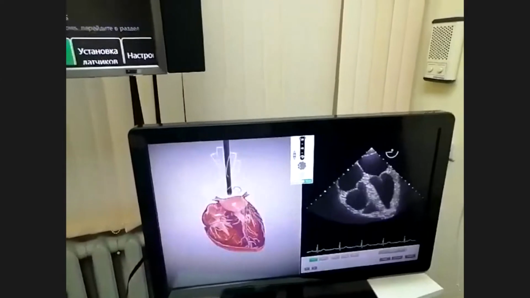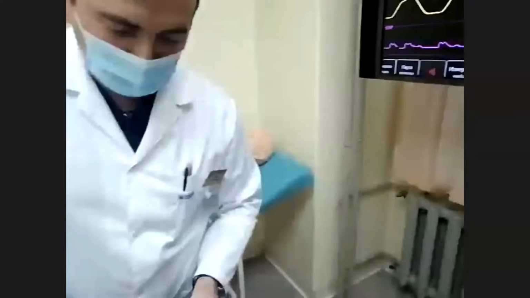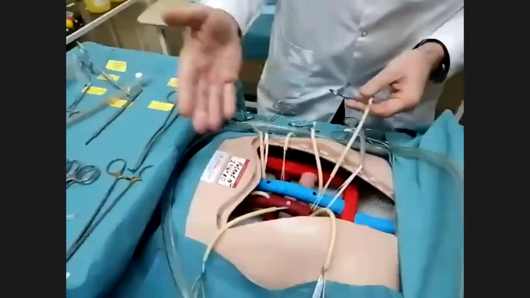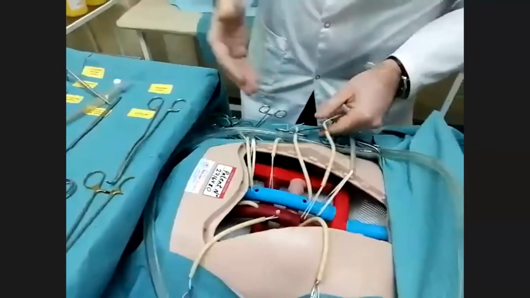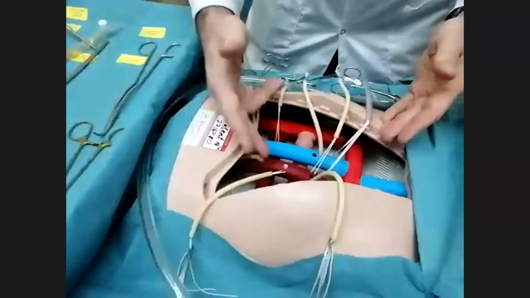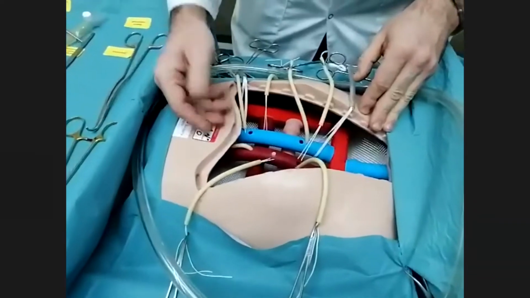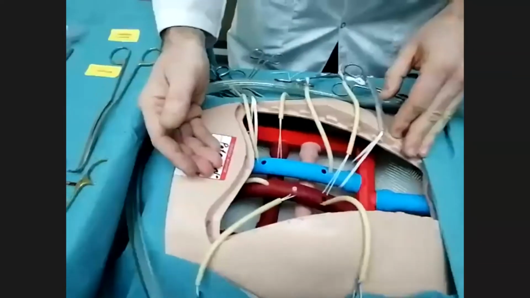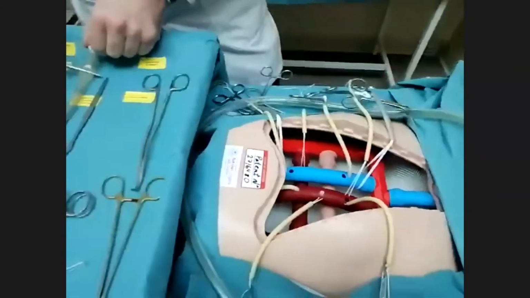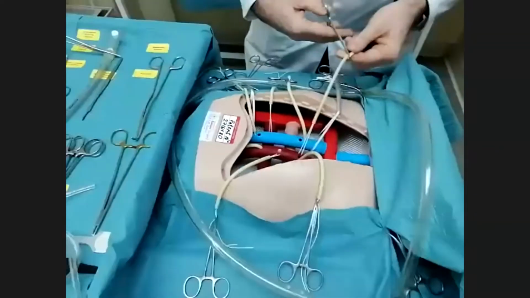Both monitors we use during the protocol of cardiopulmonary bypass machine connection. Also, we use them during the procedure and weaning from cardiopulmonary bypass. I can demonstrate to you our protocol.